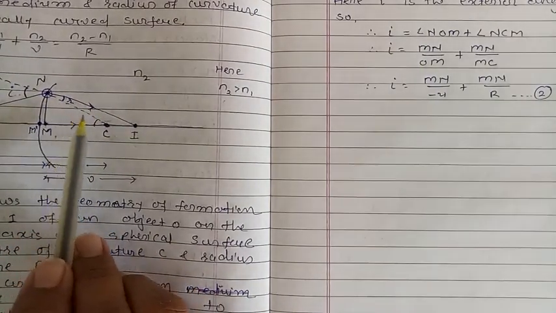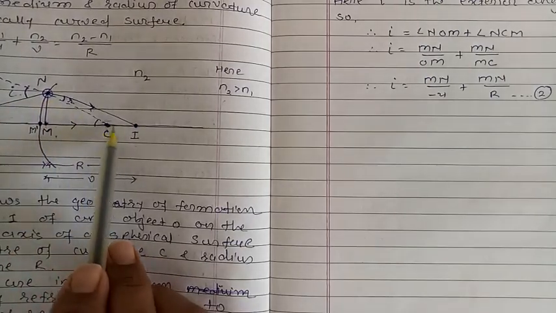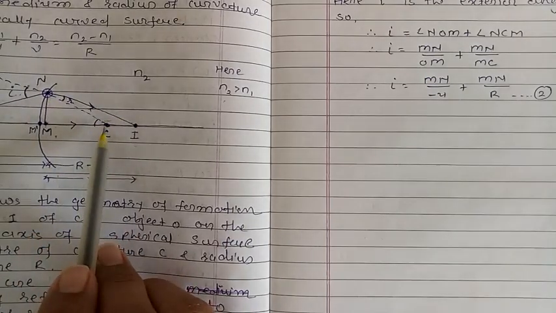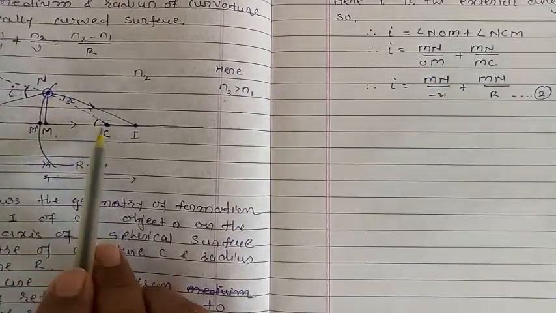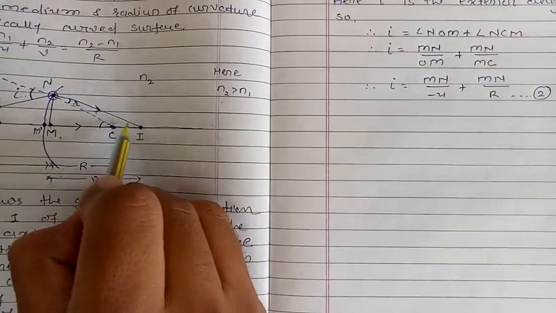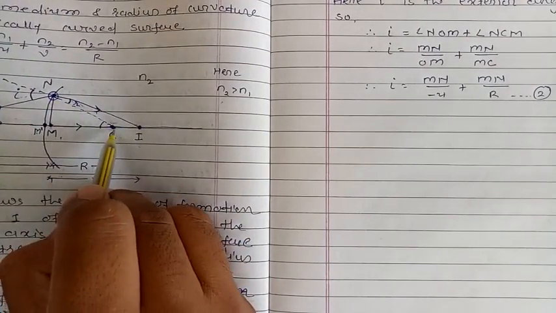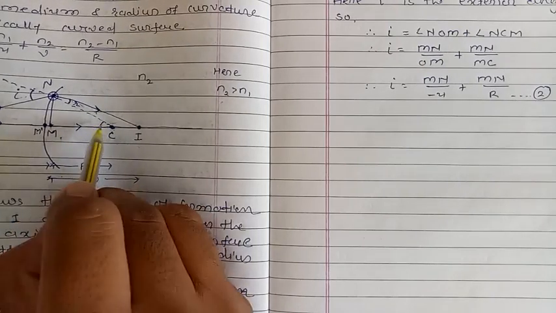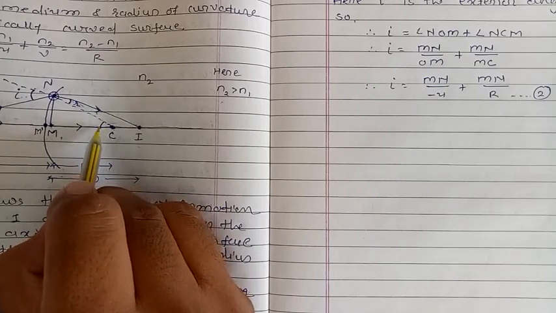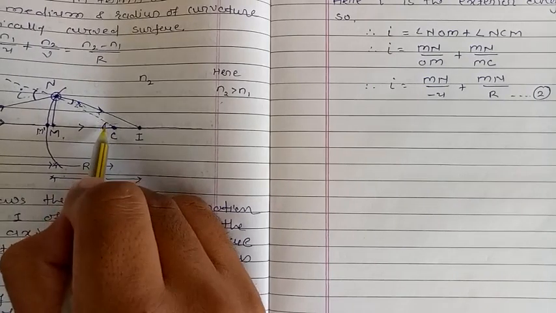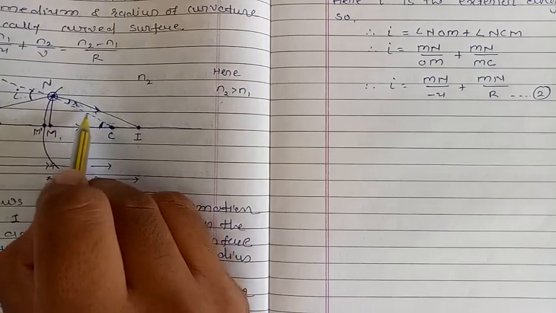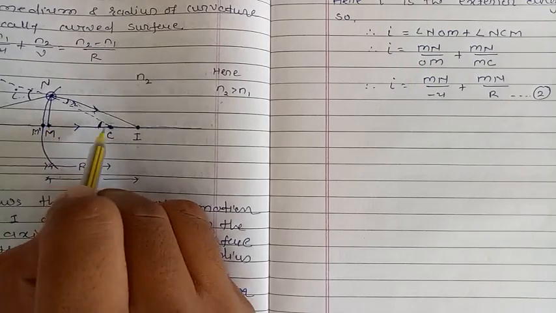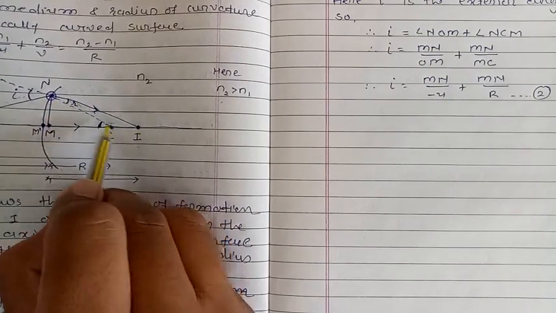So see this triangle NCI. For this triangle NCI, we can say that angle NCM is the exterior angle, because it is outside. So angle NCM is the exterior angle for triangle CNI.